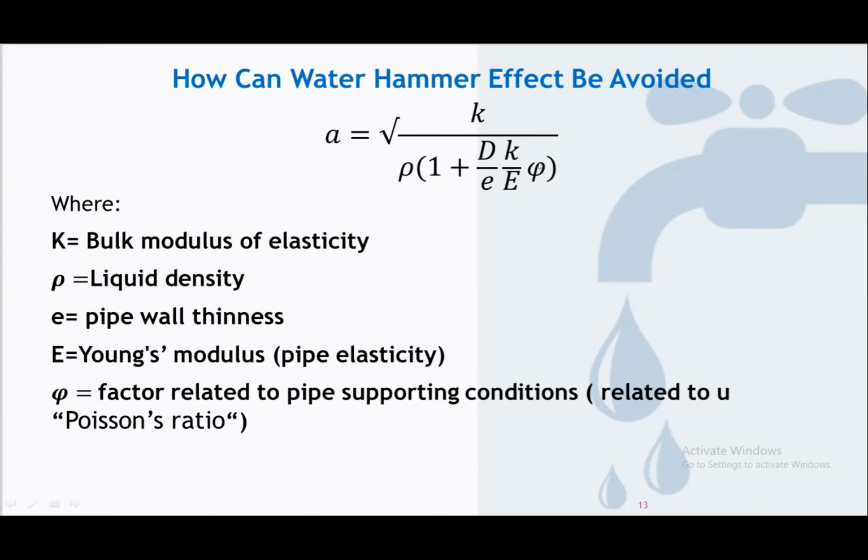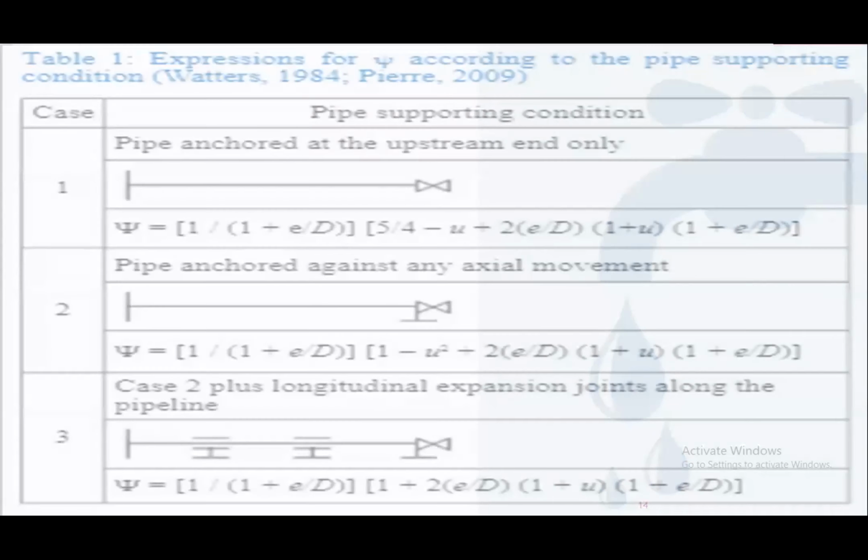And phi is a factor related to the pipe supporting condition, and it's related to mu, Poisson's ratio. And I guess you all know it's the ratio describing the deformation that happens to the material, okay?